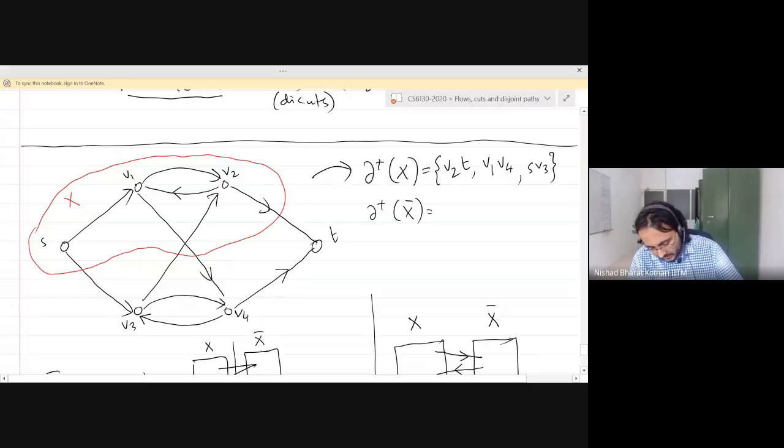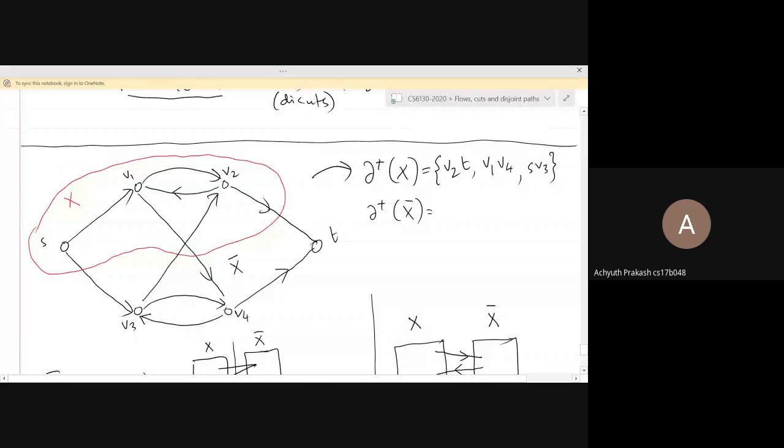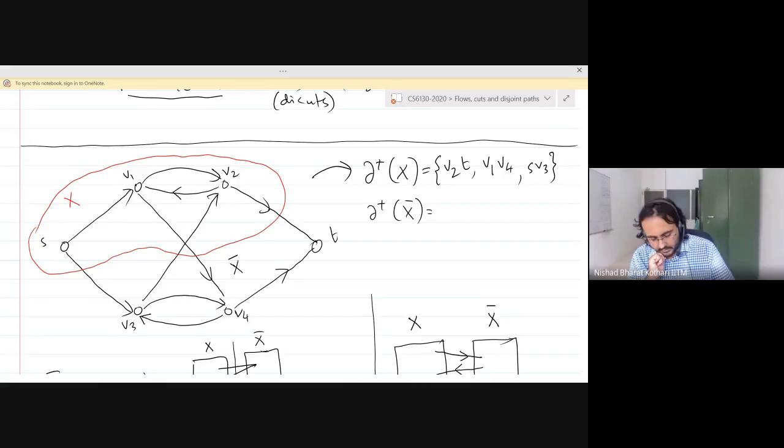So remember, x bar is the complement of x. So all edges that leave from x bar, right? That would be, I guess, null set, right, sir? Null set. Are you sure?